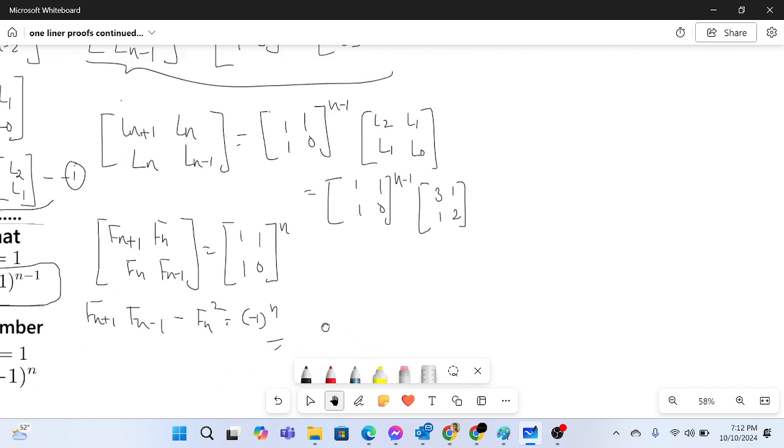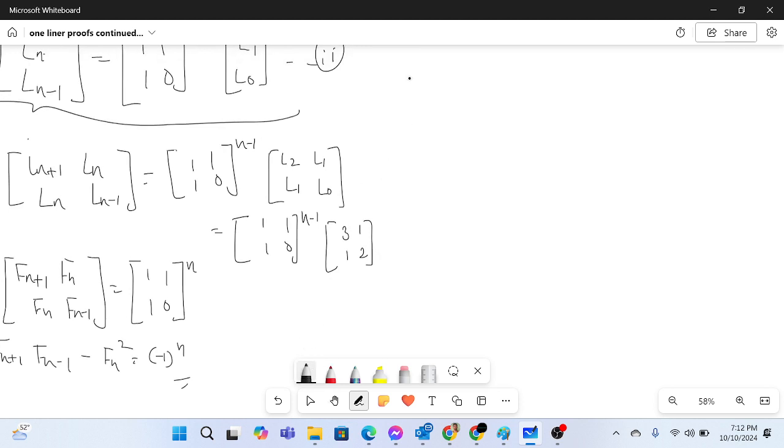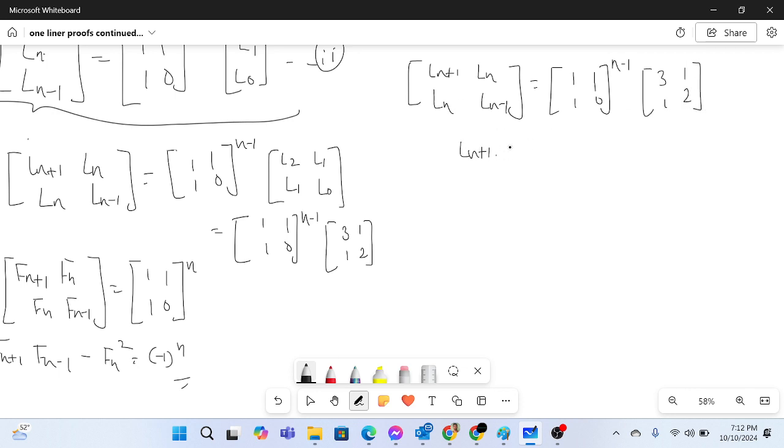Okay. So now we finally have this result, that [L(n+1), L(n)] and [L(n), L(n-1)] is equal to [[1,1],[1,0]] to the power n minus 1 times [[3,1],[1,2]]. Now we can take determinant on both sides and we will get the required formula. This will basically be minus 1 to the power n minus 1, and determinant is multiplicative.